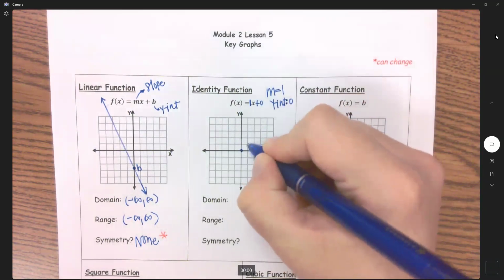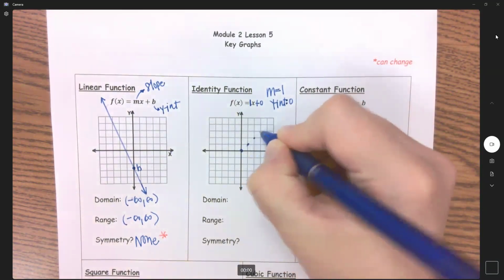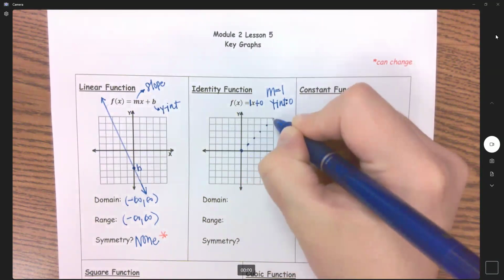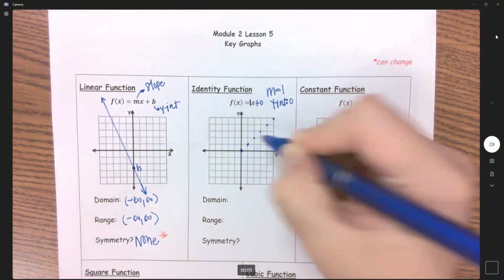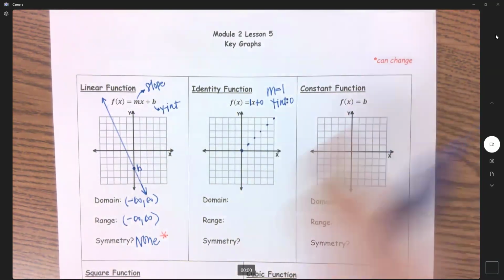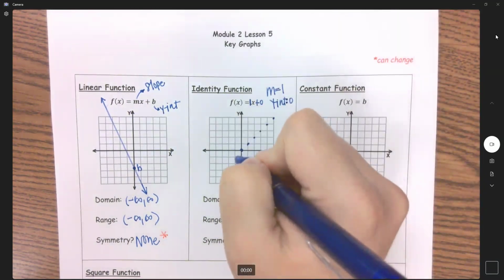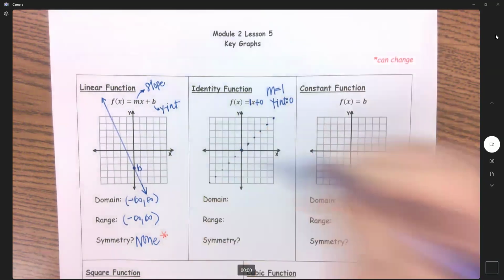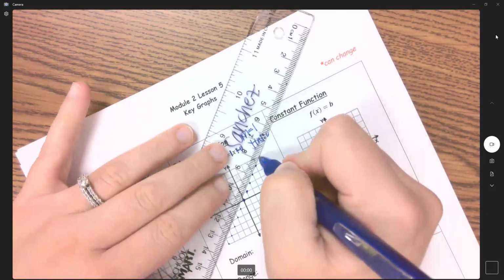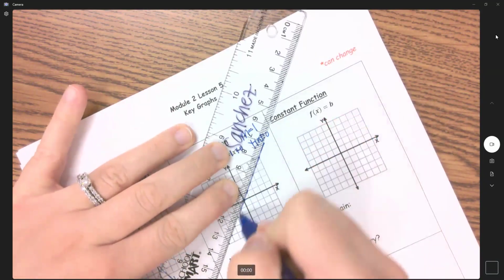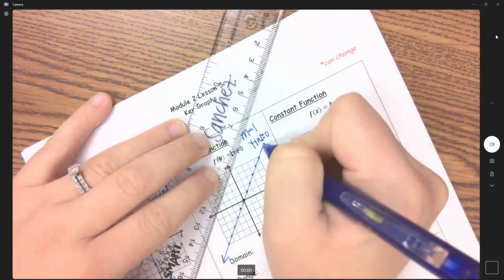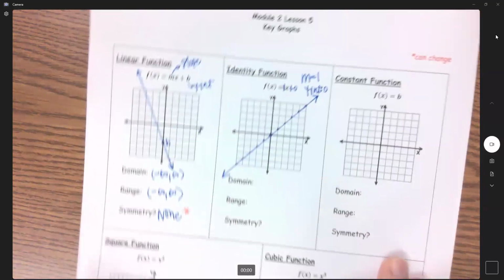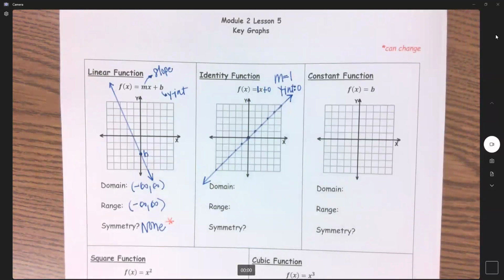So on this graph, this starts right here at the origin, and then we're going to go up 1 over 1 positively. And it should end right there in that corner. And that's going to go the opposite way, down 1, left 1, going in that direction. And so here is my line there.